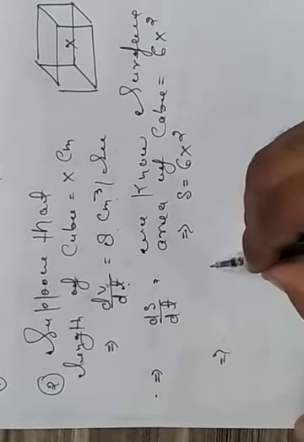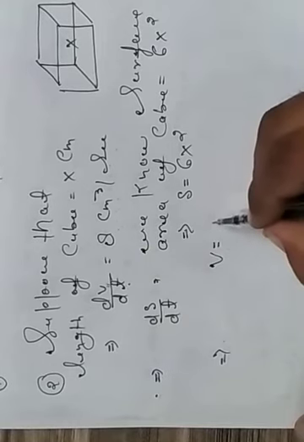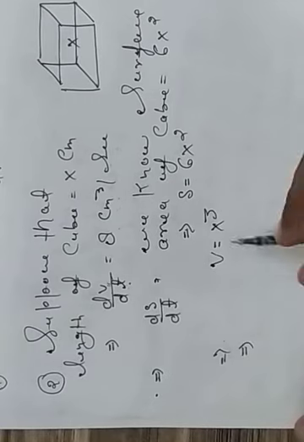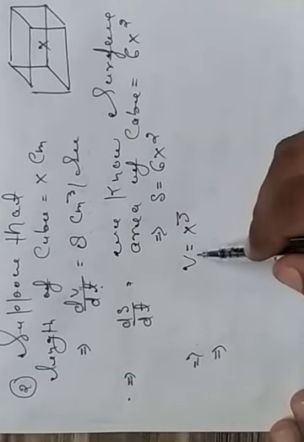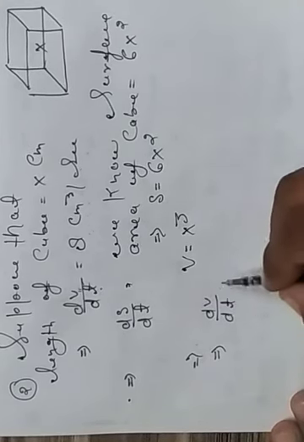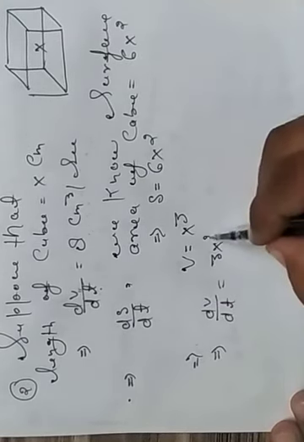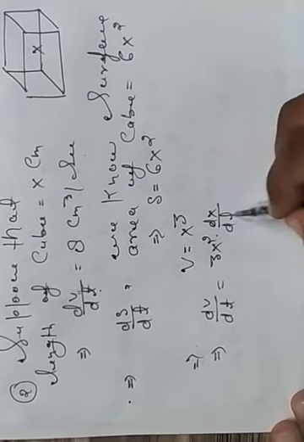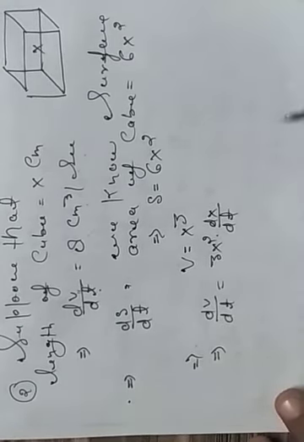Volume of cube V is equal to what? Side cube, x cube. So differentiate volume with respect to time. Then dV upon dt is equal to 3x square into dx upon dt.